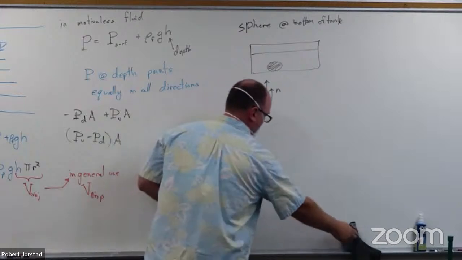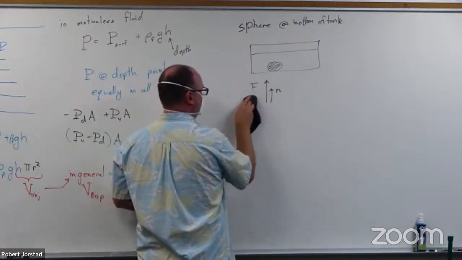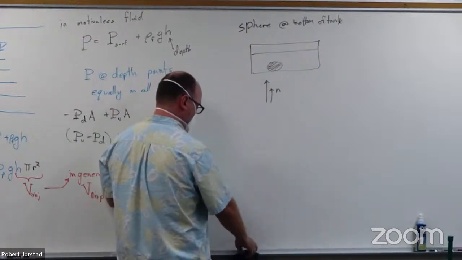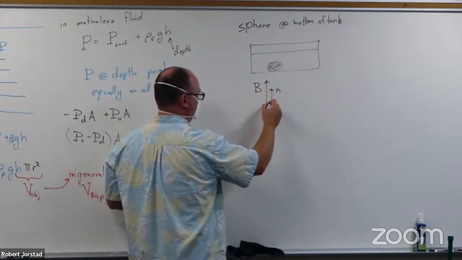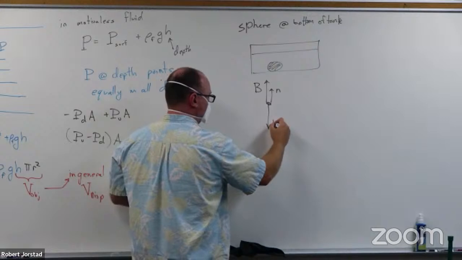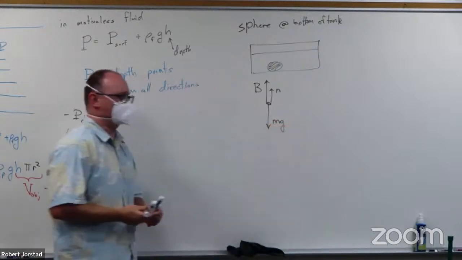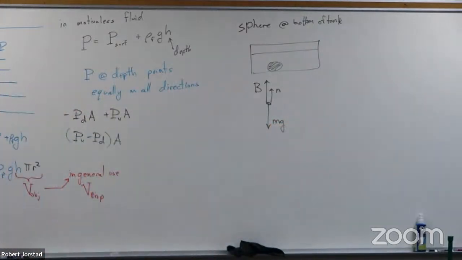So I might start doing that just because I hate subscripts if I don't have to use them. So I'm going to start using capital B for buoyant force. If you want to use F sub B, I'm not offended. Then we've got mg down. Makes sense, right? Now I got another one for you.